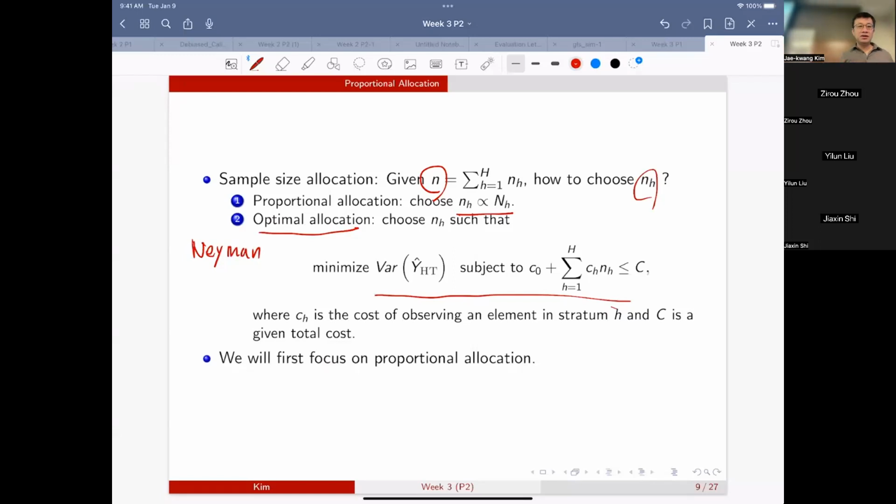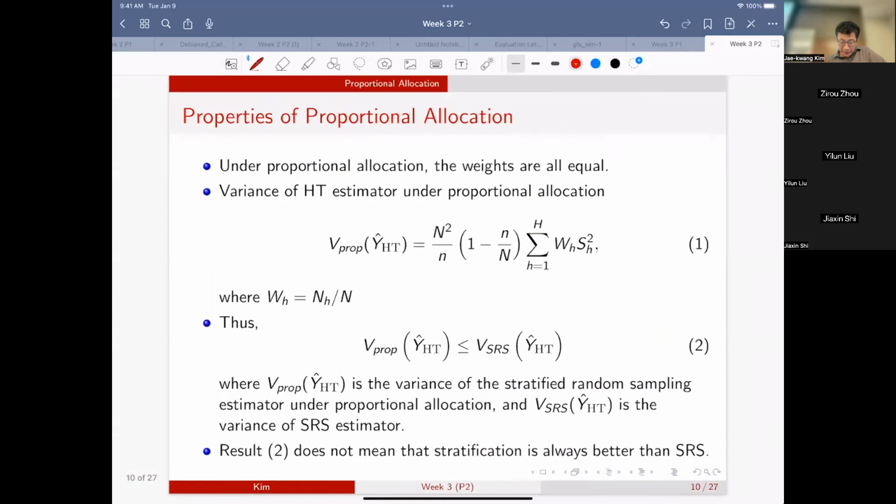Later he moved to UC Berkeley, where he became chair of the statistics department, and he wrote this paper, I think in 1972 or something like that. So he's the father of causal inference and also of survey sampling. We'll see this soon, but we'll first focus on proportional allocation.